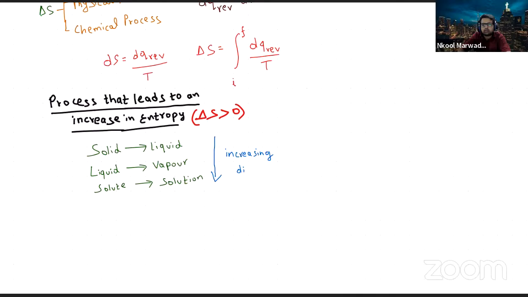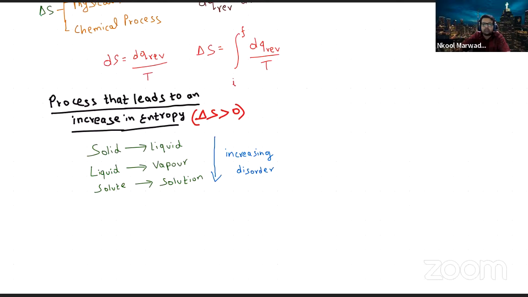Why is it so? Because in liquid the particles are relatively packed, but in vapor they are free to move. High disorder. In vapor, it is only made up of one type of gaseous atoms. But in solution we have solvent atoms, solute atoms, and all that. So the disorder is way higher than that of the vapor, and hence entropy is increasing down the order.